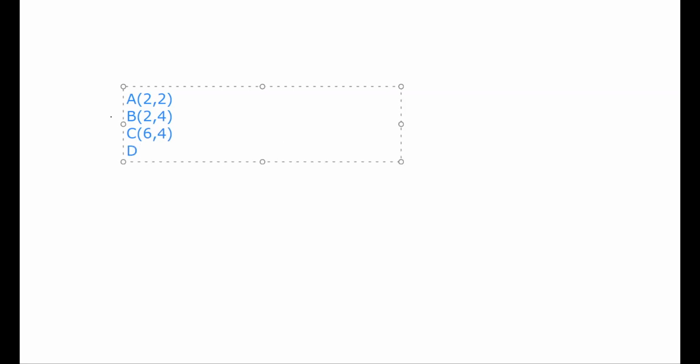And then B is 2 and 4. And then C is 6 and 4, and then finally D is 4 and 2.